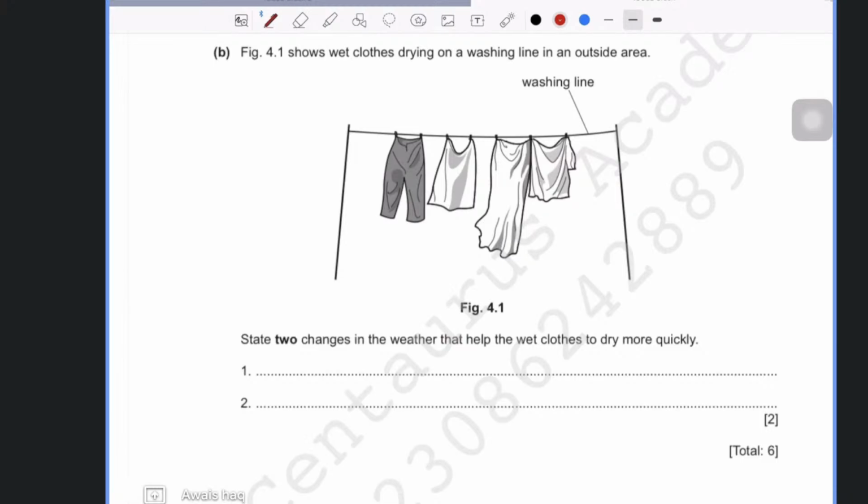Remember, it's 2 changes in weather. Weather would depend on basically the temperature and the humidity, right? Oh, it could be wind as well. All right. Is it clear, everyone? So you can do this as homework.